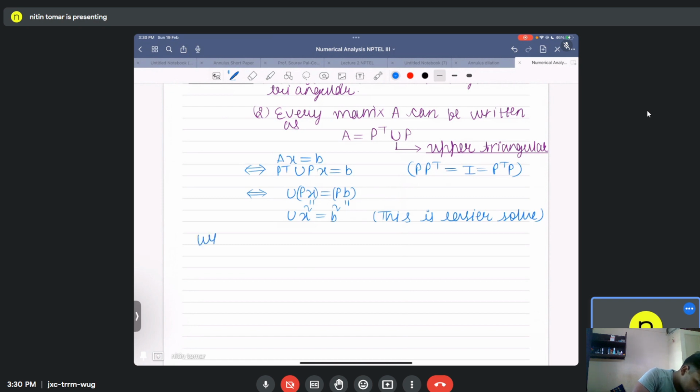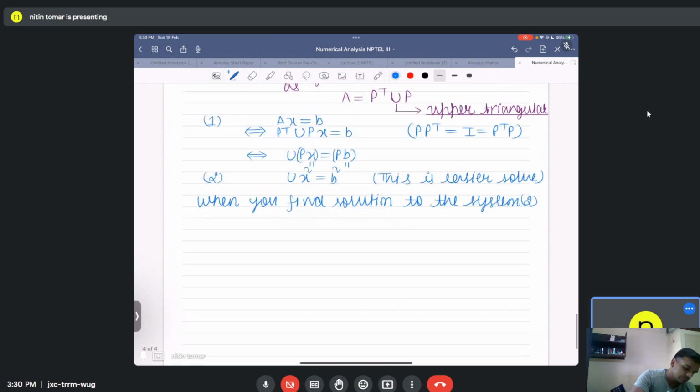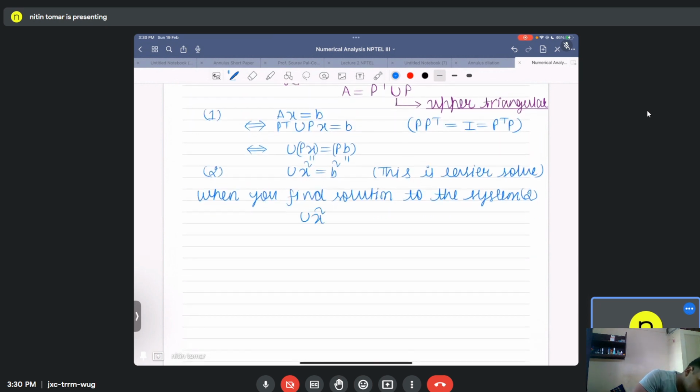So if you have found a solution, let's say this is my system 1 and this is my system 2. When you find the solution of system 2, that is x tilde equals b tilde, then using, see what was x tilde actually, it was Px, right?